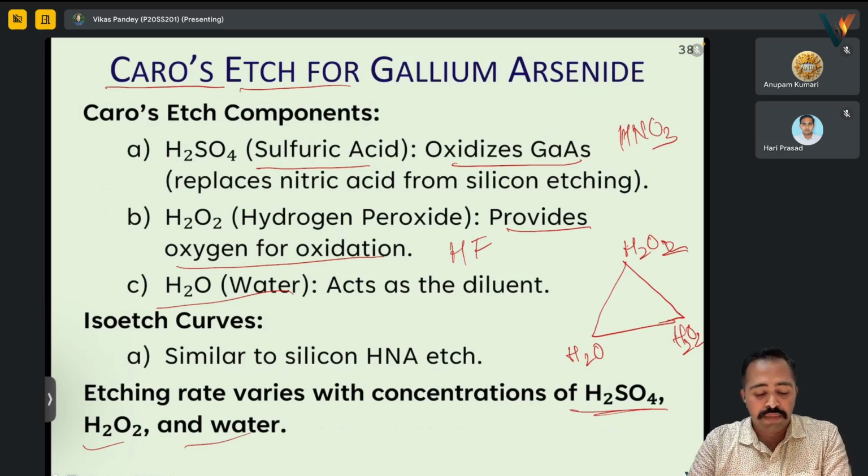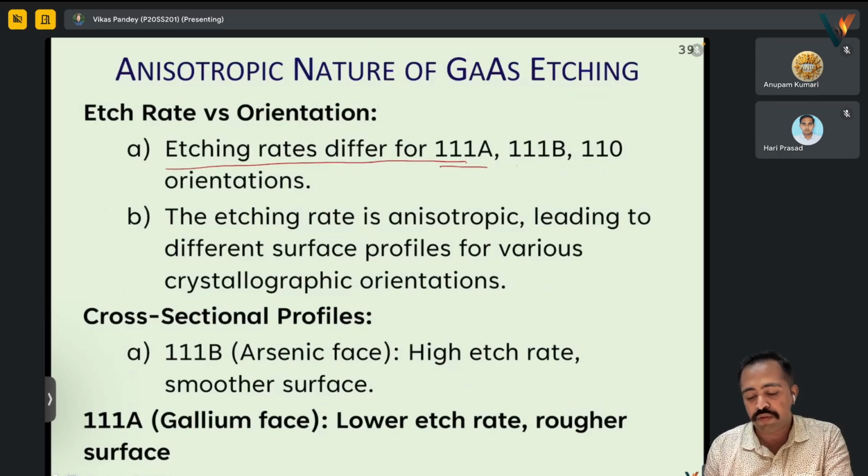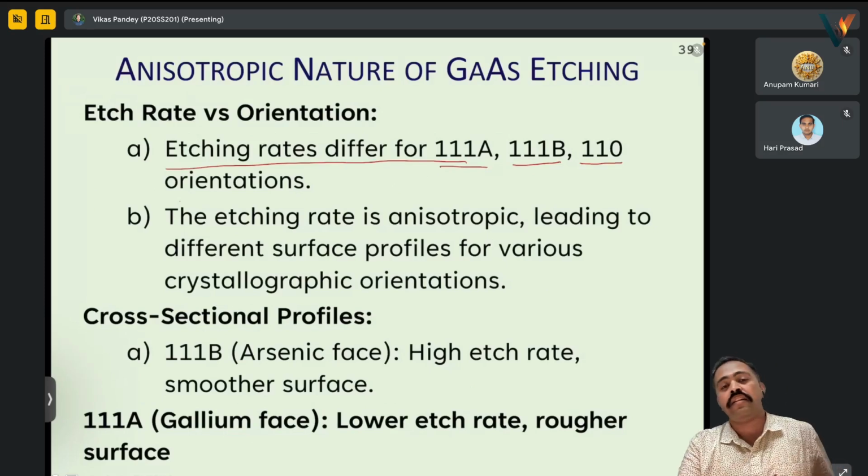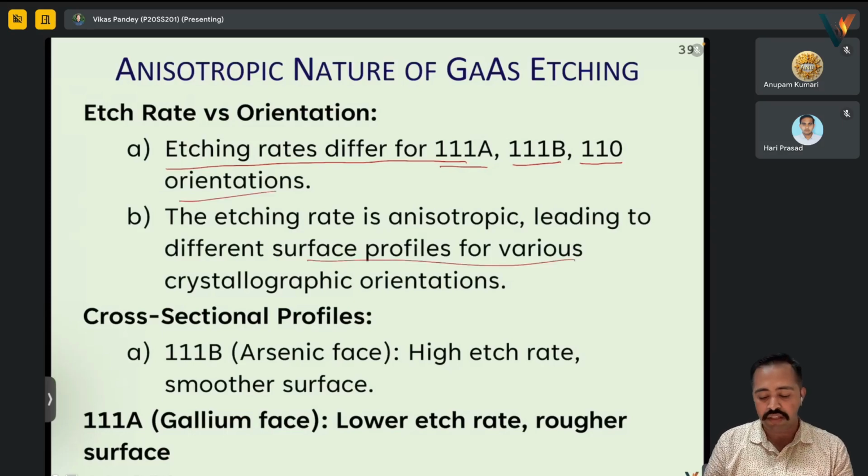But the problem is that the etch rate differs for 111A, 111B, and 110 orientations. The etch rate is anisotropic, and that is why it leads to different surface profiles for various crystallographic orientations.